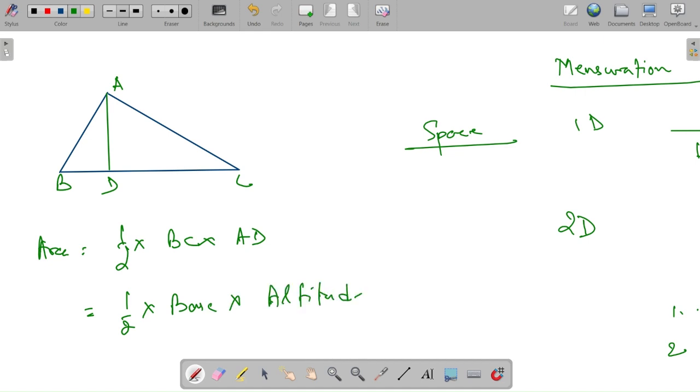Altitude or height, whatever word is used. So this gives me the total amount of region that it has taken up. This is the rule. Correct?